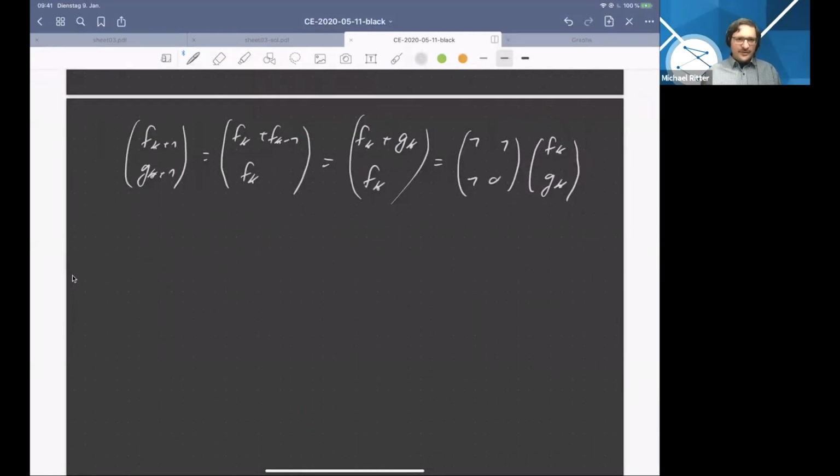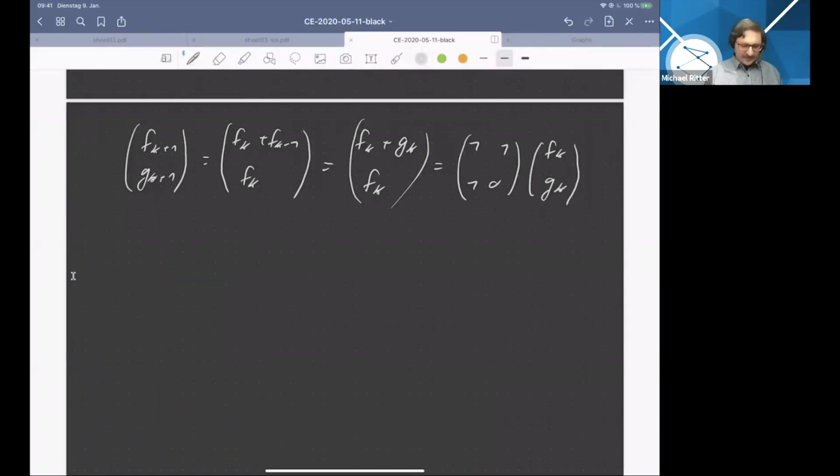We can now use that to devise an explicit formula. The idea is to come up with a recursion that involves this matrix A and basically reapplies that recursion to get rid of those k's here. Let me just show you what I mean.